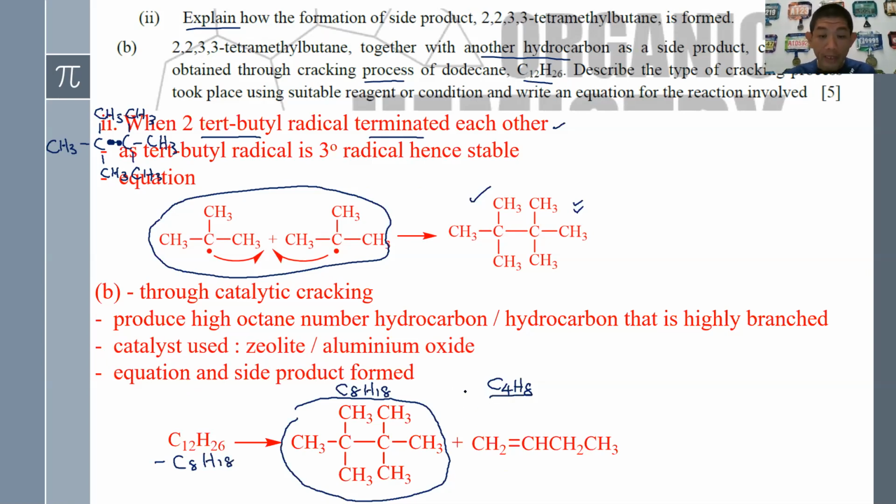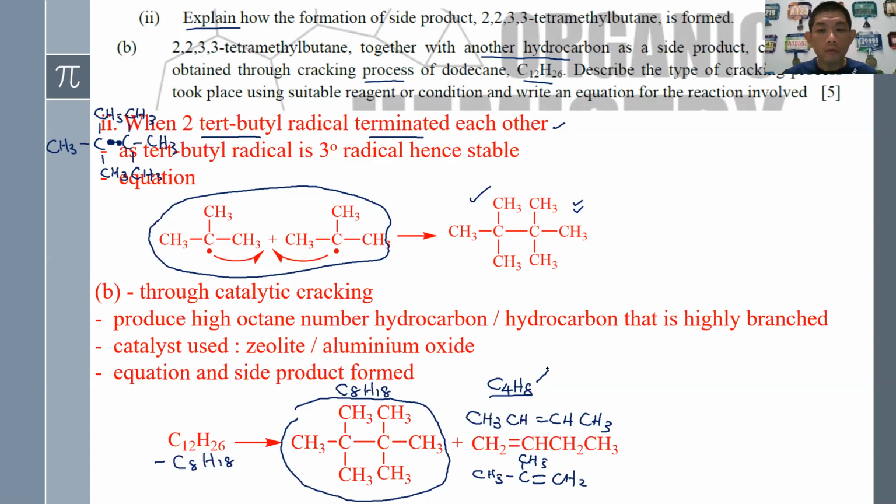The side product here doesn't matter what molecule it is, as long as it has the formula C4H8. In other words, you can also answer but-2-ene, no problem, or you can also answer 2-methylpropene. Any side product here is correct as long as it is balanced with the formula C4H8. So that is how you are going to answer essay question number 2.